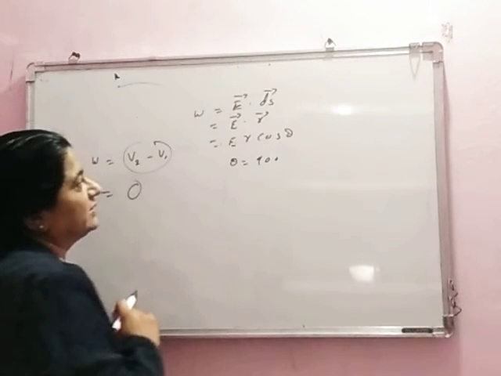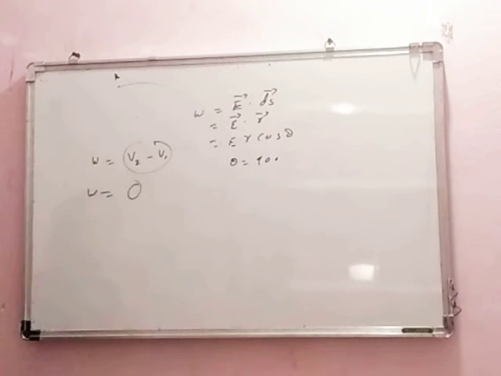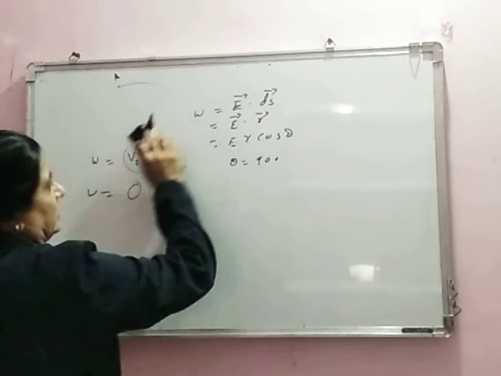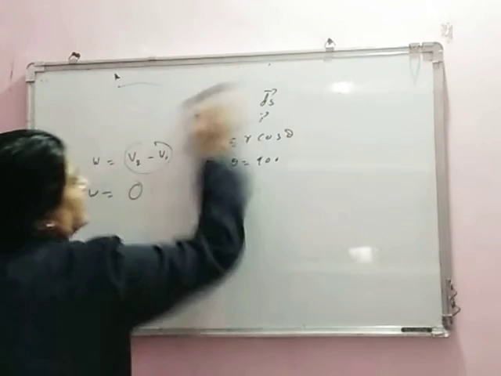If theta is equal to 0, what about the electric intensity? Electric intensity should be perpendicular. Okay, the intensity should be perpendicular for the equipotential surfaces. Then and then only we will get the energy or work done as zero. Okay, these are the equations.